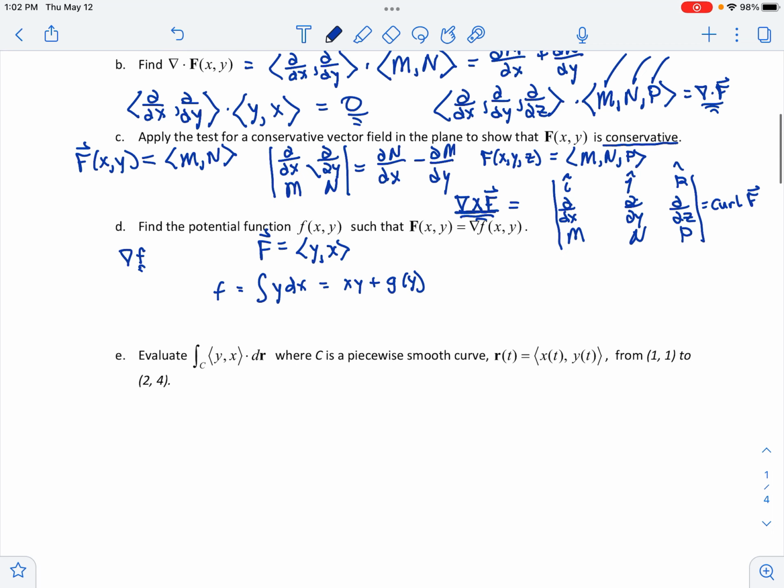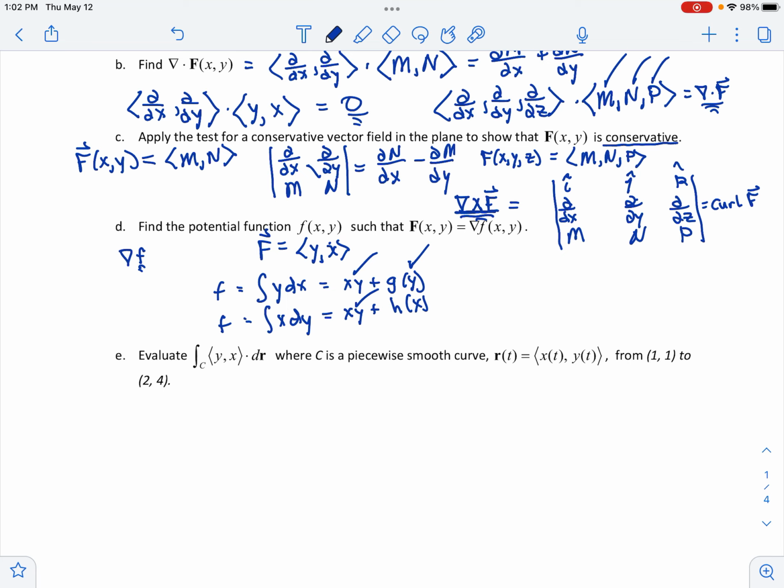Now I could do it again. I want to find out what this function of y is. So I'm going to integrate the x with respect to y here. So I'll get xy plus h of x. Well, it's pretty clear that the function that we're looking for is xy, because the partial of xy with respect to x is y.